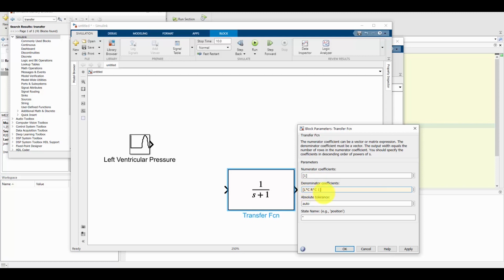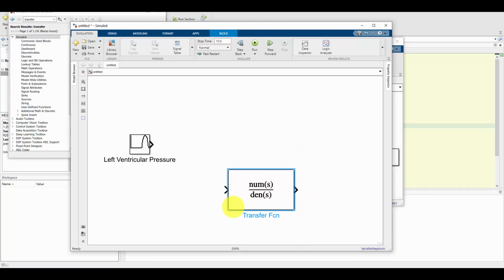This is the transfer function we've already derived, but I'm going to keep it in variable form. When I say L, C, and R, Simulink is going to look into the MATLAB workspace for those variables and use them. So as I change my diameter and length of the catheter and then recalculate R and L, it will automatically be updating my Simulink model.